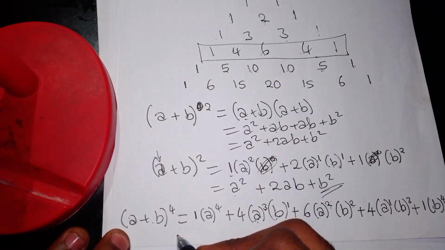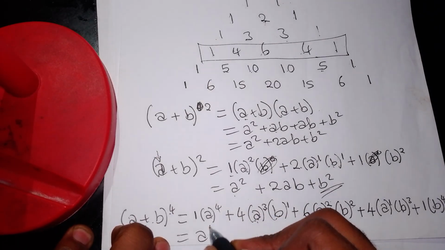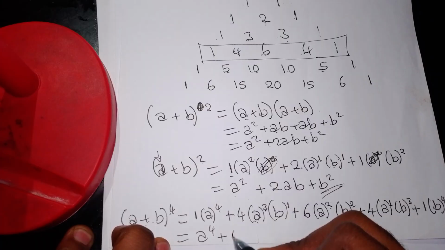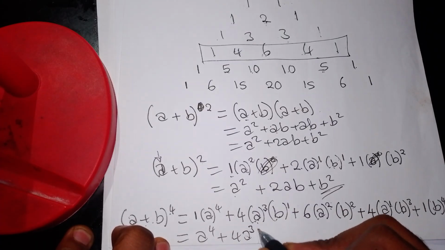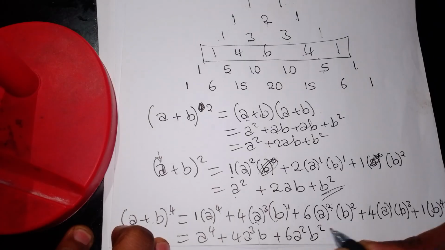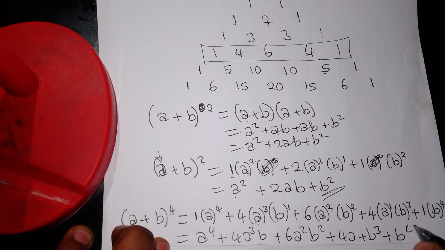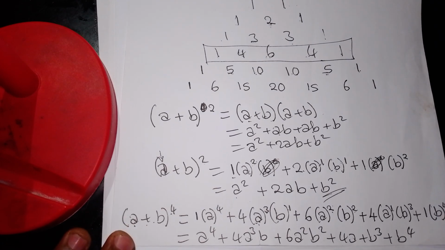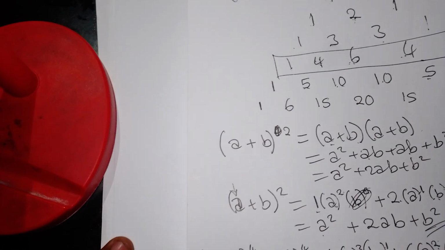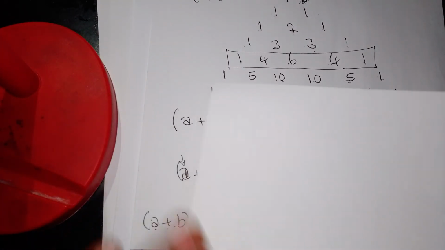So now (a + b)^4 is simply a^4 plus 4a^3 b plus 6a^2 b^2 plus 4a b^3 plus b^4, and you're done. So maybe we can just look at one more example where you have some numbers.